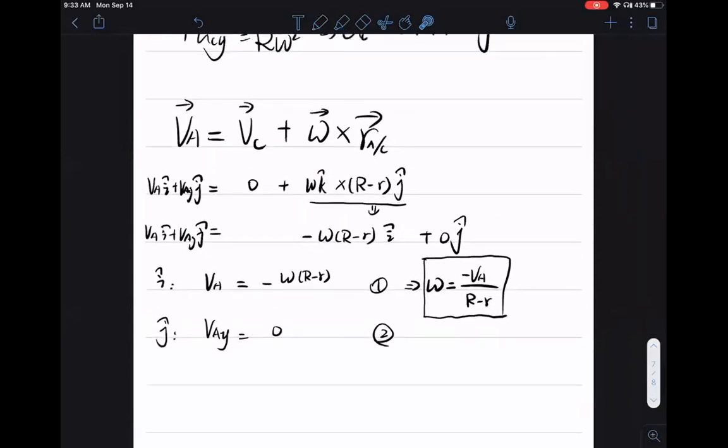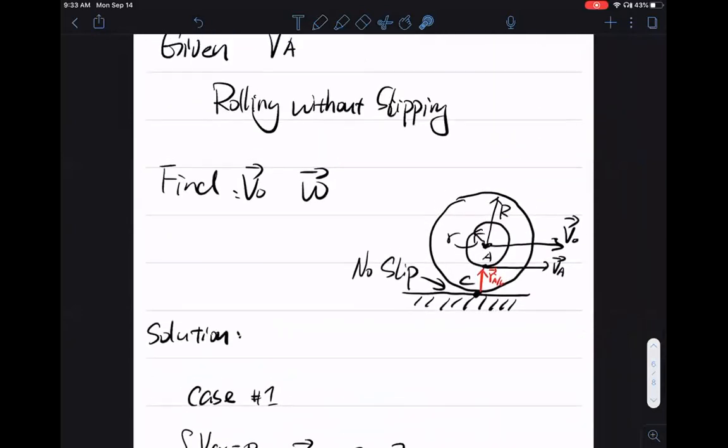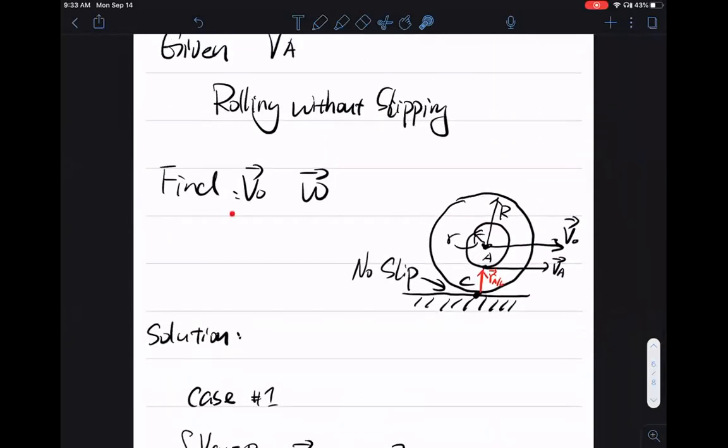Okay, now let's look at the second question. We also want to find out what is VO, the velocity at the center of this wheel. How should we do that? Use the velocity equation again, right?